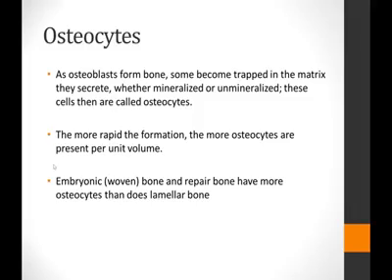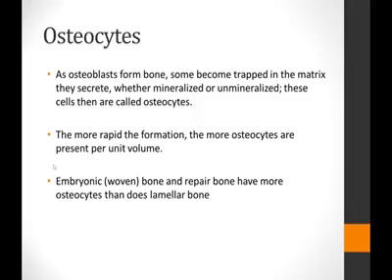As I said in the last lecture, osteoblasts basically are the bone forming cells, and osteocytes are basically derived from osteoblasts. As the osteoblasts form the bone, some of them get entrapped within the matrix that they secrete, whether mineralized or unmineralized. Once entrapped, these osteoblasts are then called the osteocytes.